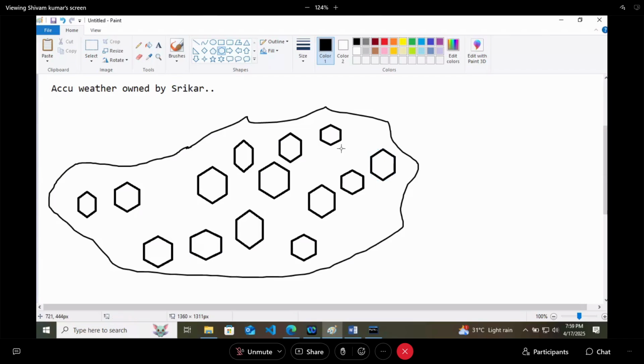Now what they did, they have placed a sensor all around the corner, and each and every sensor is recording the real temperature and sending it to a database. Now this is the physical server installed in entire Hyderabad.